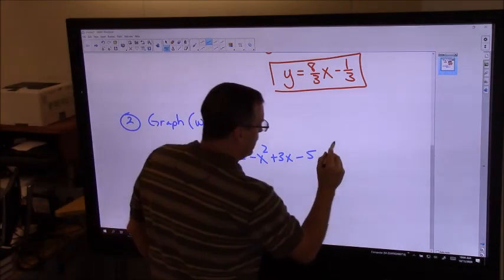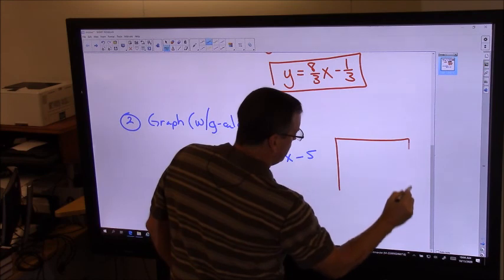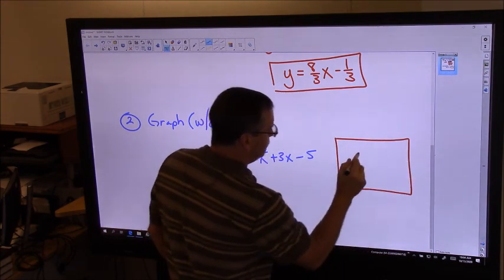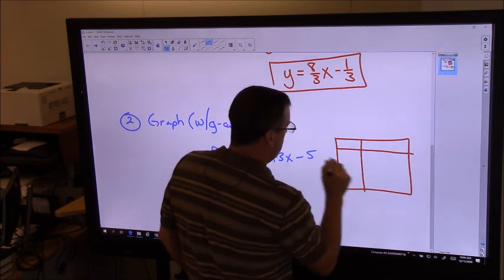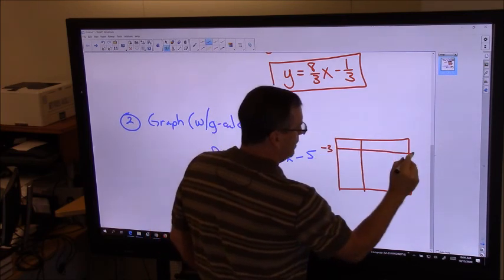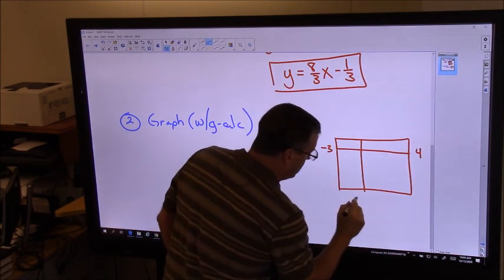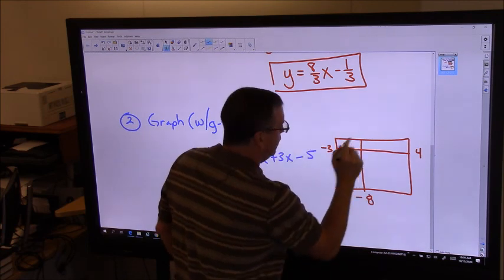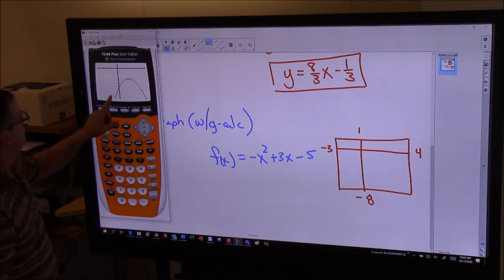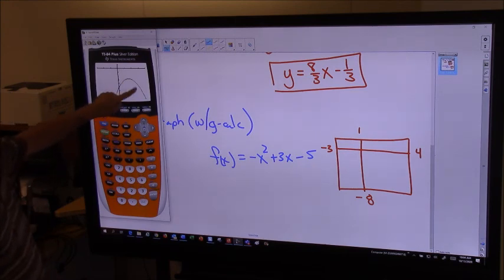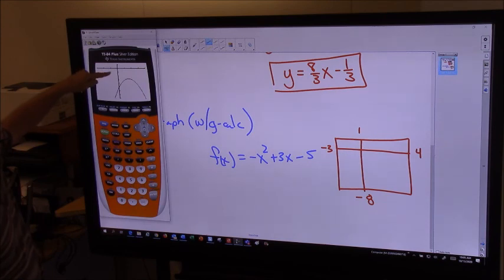So I've got my calculator window. I went from -3 to +4, and I went from -8 to 1. And my picture looks like most of this is sitting down in the 4th quadrant, crossing the y-axis, 1, 2, 3, 4, right about 5.